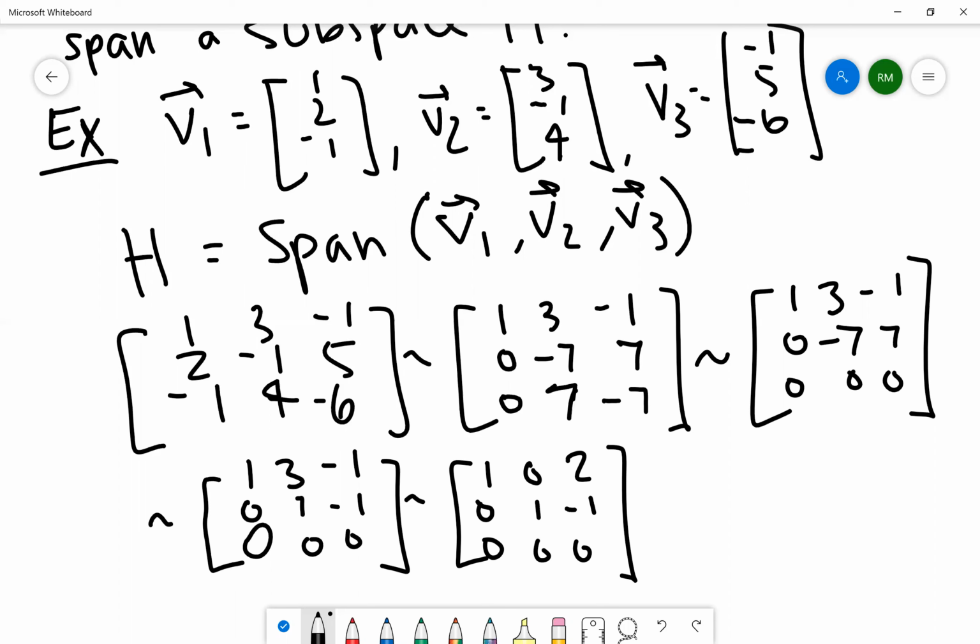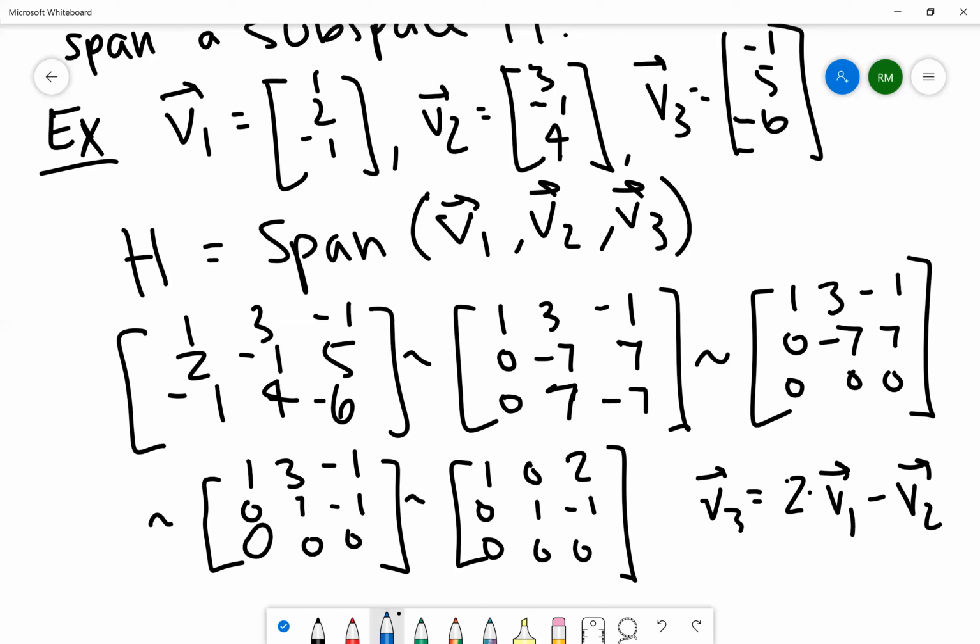It's telling us that the third vector, v3, is actually equal to 2 times the first vector minus the second vector. So what do you think this tells us about the span of v1, v2, and v3?